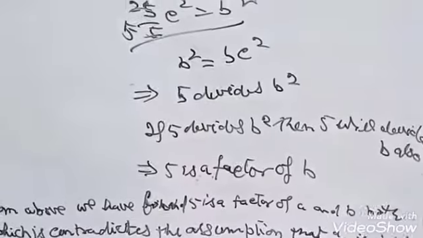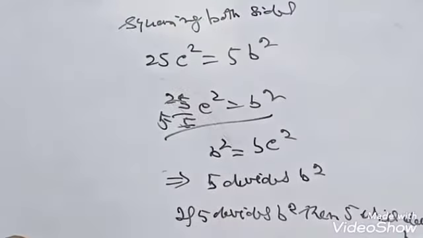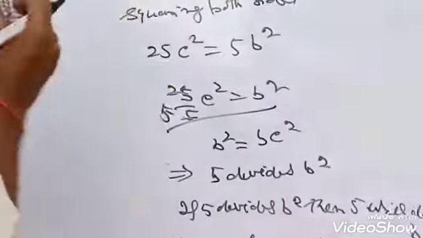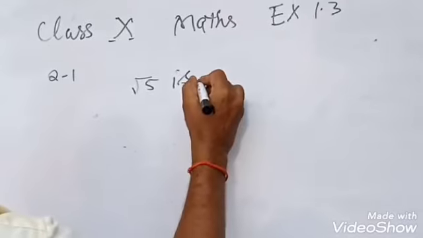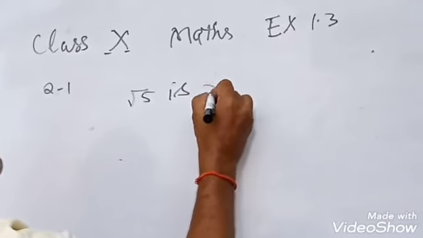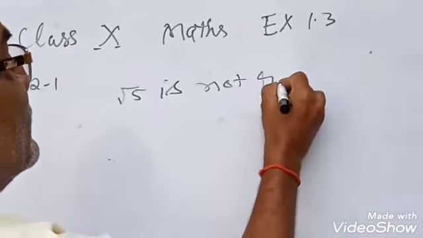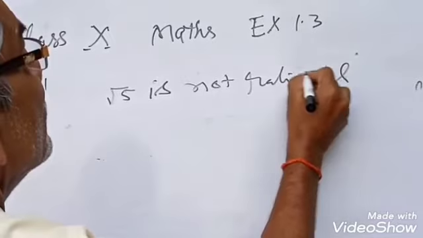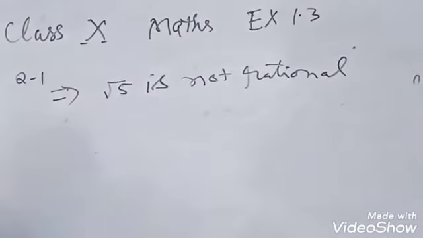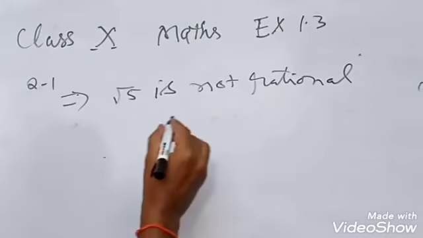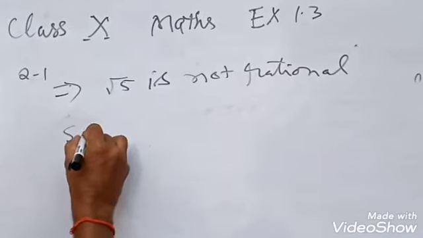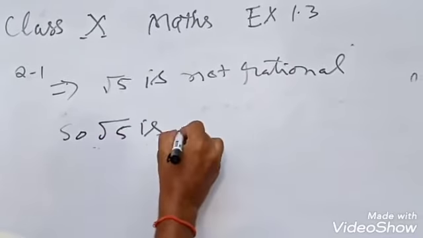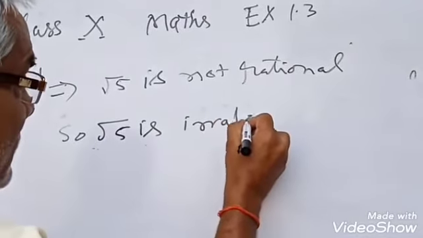Our presumption is that a and b have no common factor. This contradicts the assumption. This implies root 5 is not rational. So root 5 is irrational.